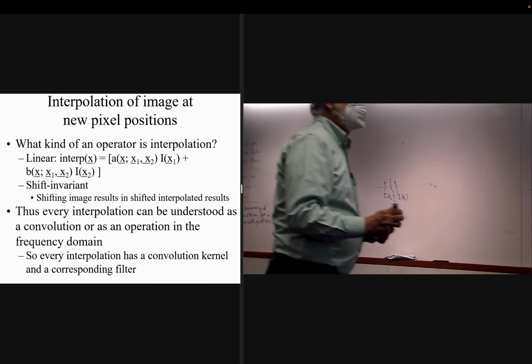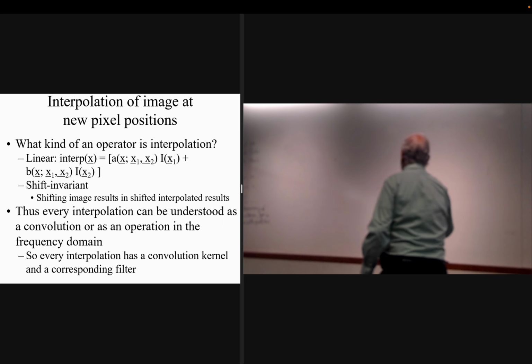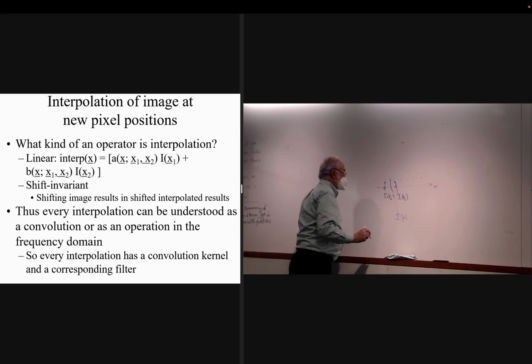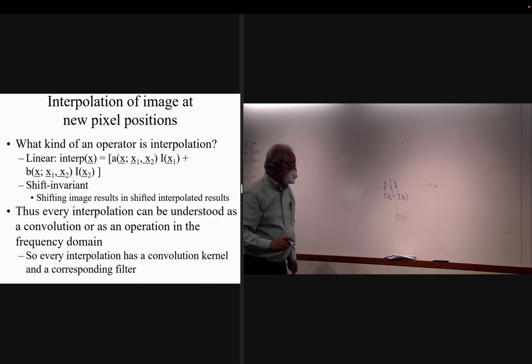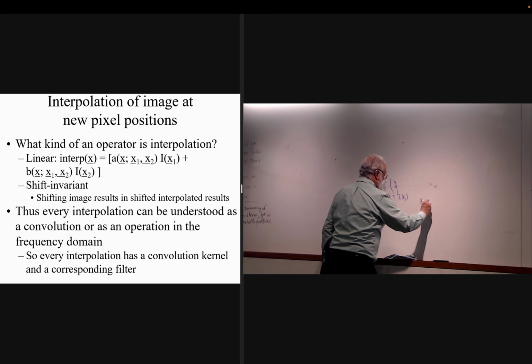Okay, so in linear interpolation, you take the two nearest points, x1 and x2. You consider the distance you are from x1 as a fraction of x2 minus x1.